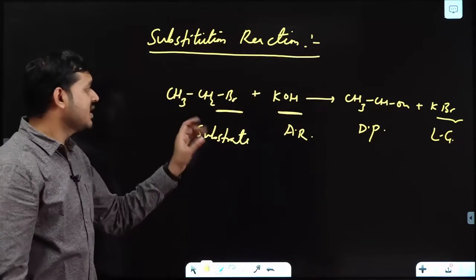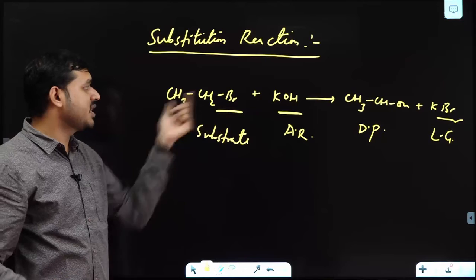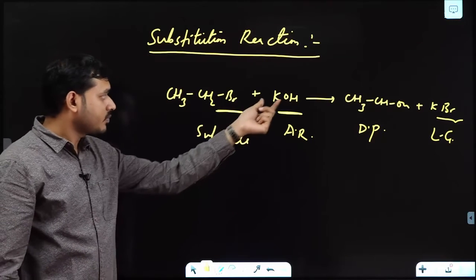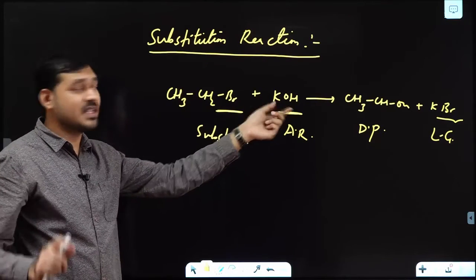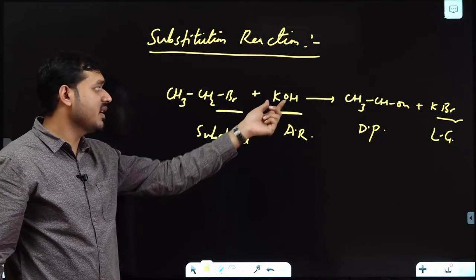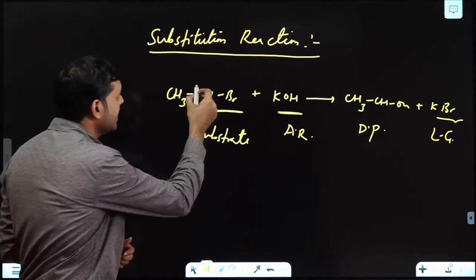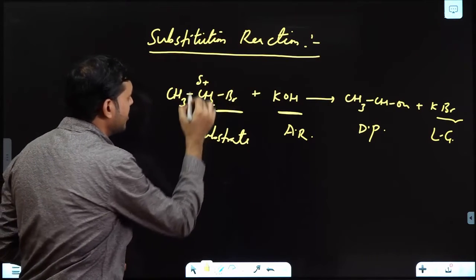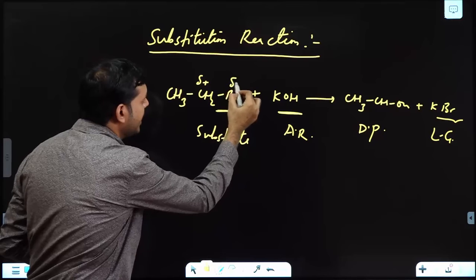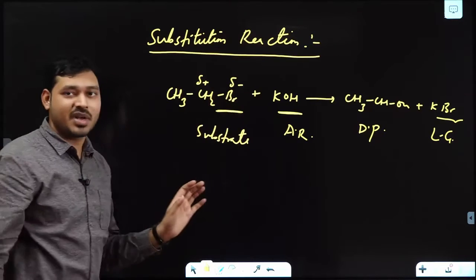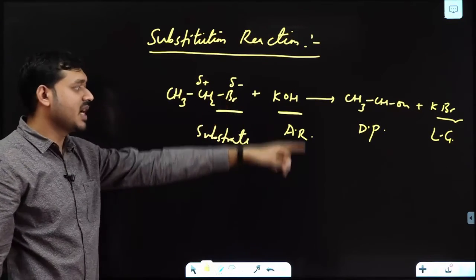Clear to you? So this is a simple example of substitution reaction where this attacking reagent is a nucleophile. It is having more electron density, an electron rich species. It will attack this carbon atom which is having delta positive charge, due to the polarity between this carbon and bromine atom. Then this bromine will be removed as a leaving group.